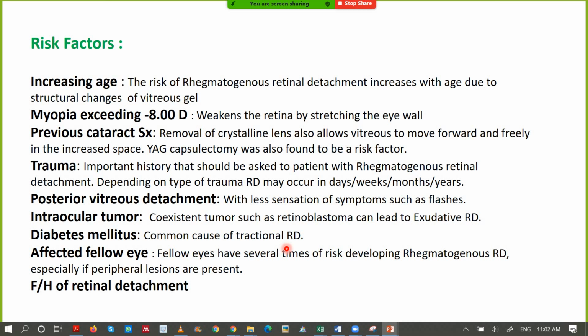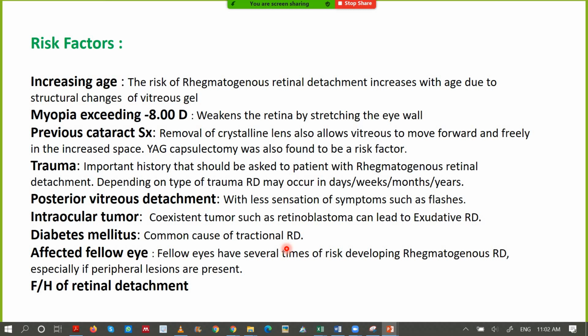Due to aging, the jelly substance will turn into a liquid-like substance. Those are age-related changes, and that might lead to migration of vitreous from the vitreous cavity to the retina. That is the reason why increasing age is a problem.